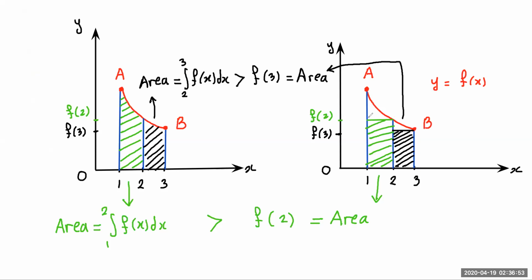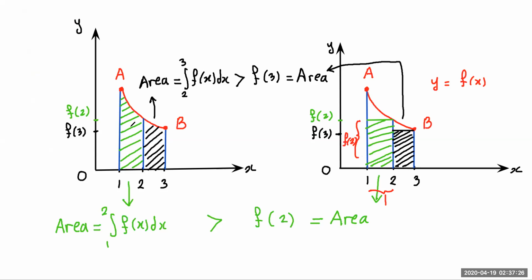The function is decreasing, positive, and continuous. In green, the area of the rectangle is f(2), because this length is f(2), and this length is 1. So the area of the green rectangle is f(2).